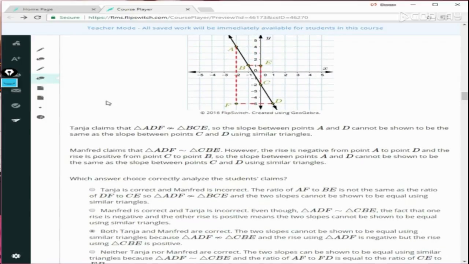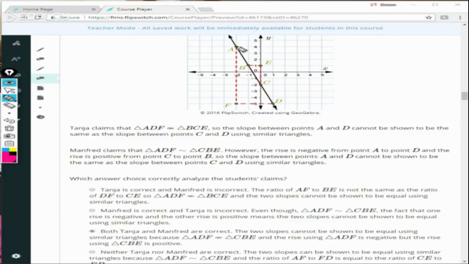And another thing I am going to bring up is they're only talking about the rise. They're not comparing the whole slope. So if you said, okay, well, Mrs. Wood, your explanation of starting from A to D, I can see that, but they're talking about going from C to B, and that's the order that I want to go in. Okay, we'll talk about that.